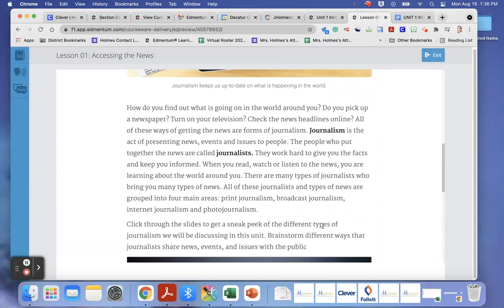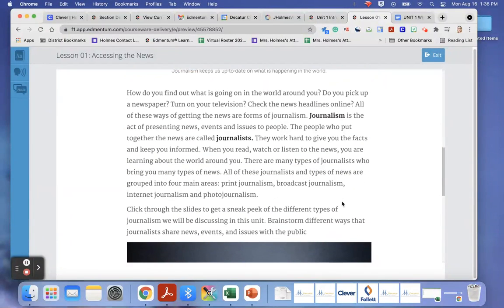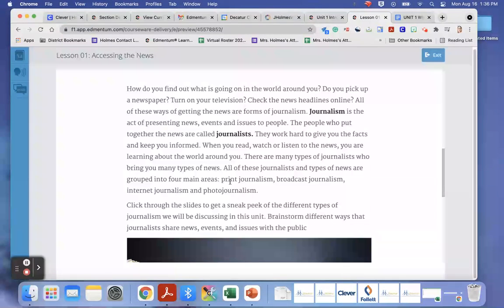When you read, watch, or listen to the news, you are learning about the world around you. There are many types of journalists who bring you many types of news. All of these journalists and types of news are grouped into 4 main areas: print journalism, broadcast journalism, internet journalism, and photojournalism. I'm going to just get that right there.